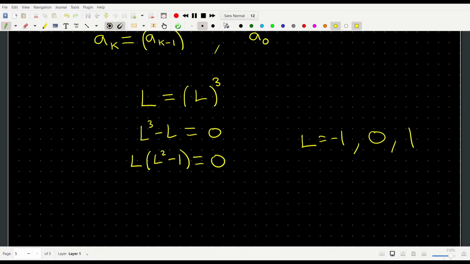If I create a number line here, and plot each one of these values, the value -1 here, the value +1 here, and the value 0 here.